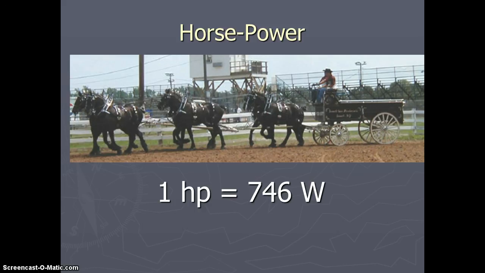In other words, they were using horses to pump water out of a mine, and he used a steam engine to pump water out of the mine, and he was showing that his steam engine was the equivalent of however many horses doing the same amount of work. But again, that's where the concept of the horsepower came from.